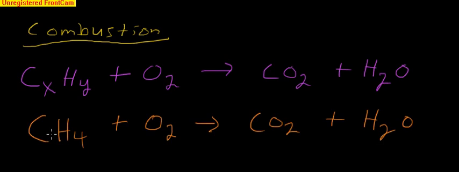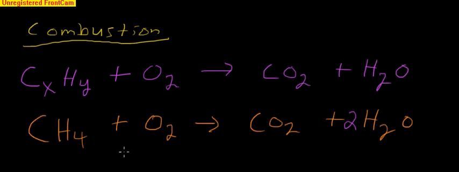So I have one carbon on the left, and I have one carbon on the right. So those are even. I don't need to worry about them. I have 4 hydrogens on the left, and I only have 2 hydrogens on the right. So in order to fix that, and to obey the law of conservation of matter, if I put the coefficient of 2 here, now I've got 4 hydrogens on the right, and I've got 4 hydrogens on the left.